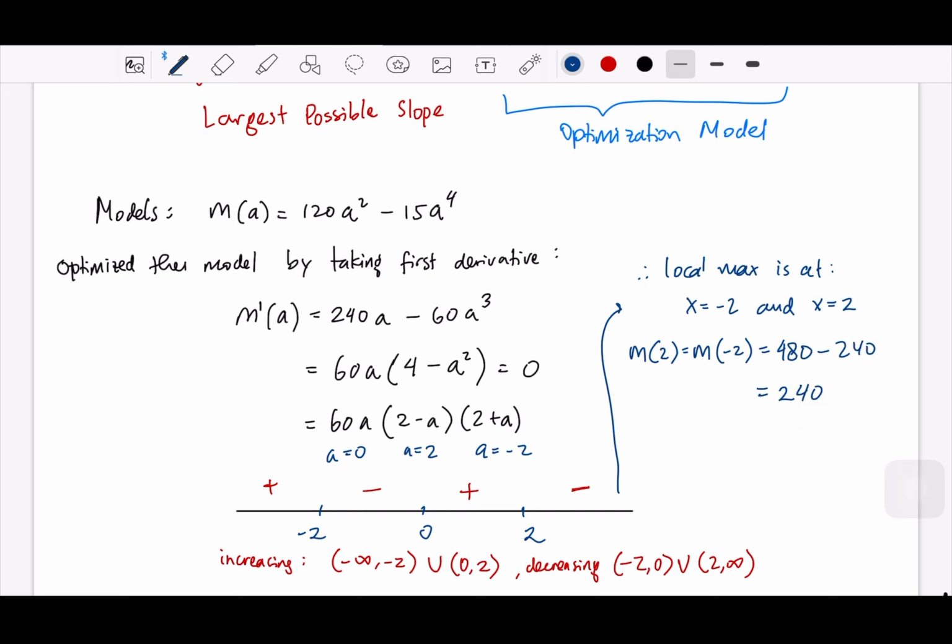So it's 240. So the largest slope is 240. So we can write at the end: largest slope is when x equal -2, and slope is 240.